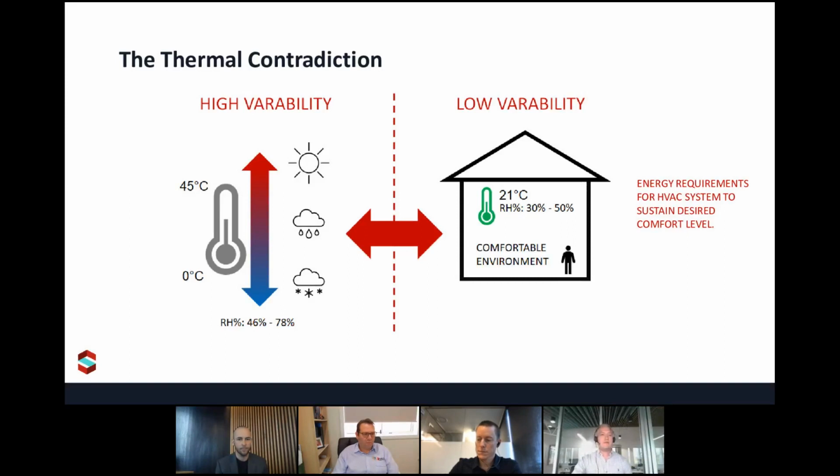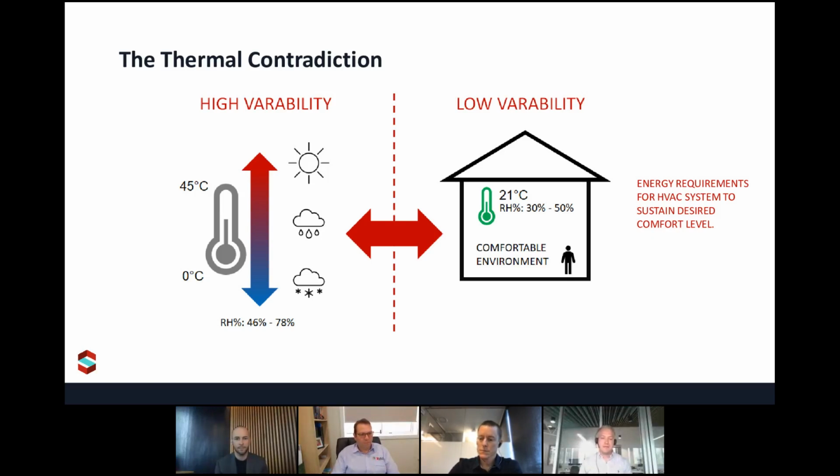Okay, so the reality is there is a thermal contradiction out there. Outside in the environment, we've got a lot of variability. It could be hot, cold, humid, or dry. Inside, we want to keep a consistent, comfortable temperature, 21 degrees with a constant humidity. The only thing protecting us from that high variability is our building envelope, what surrounds the outside of our building.